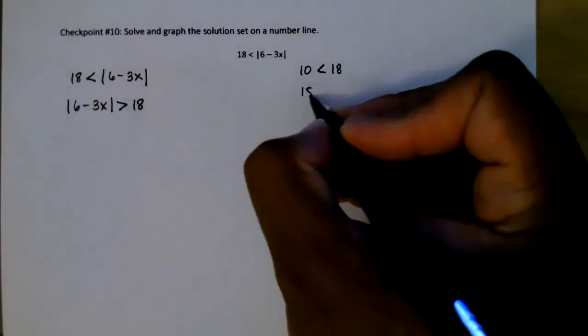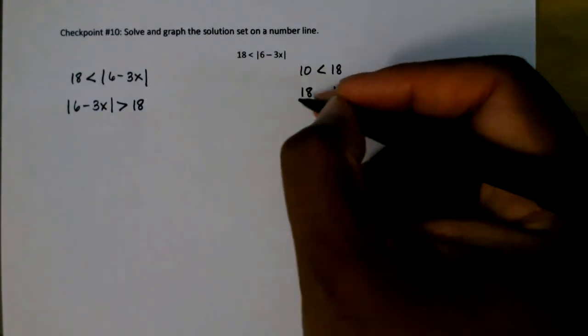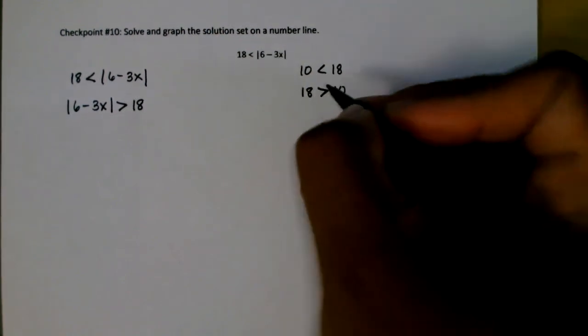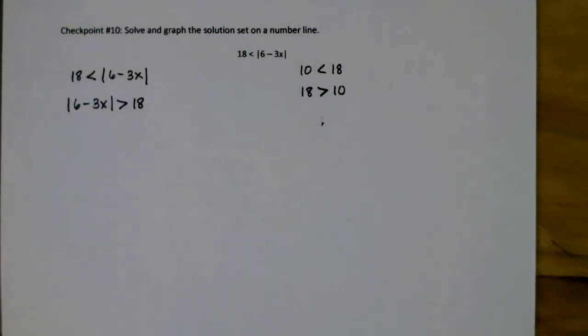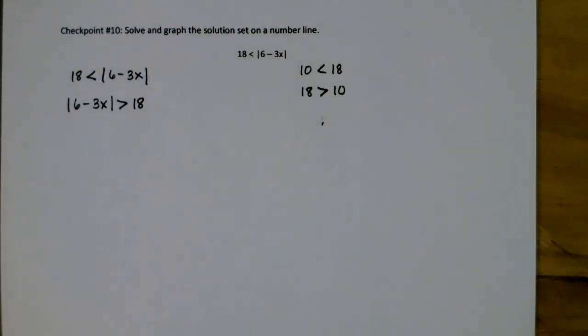If I switch the 18 and the 10 around, then 18 is greater than 10, because the inequality symbol needs to point to the smaller number. I'm doing the same thing here in this problem.